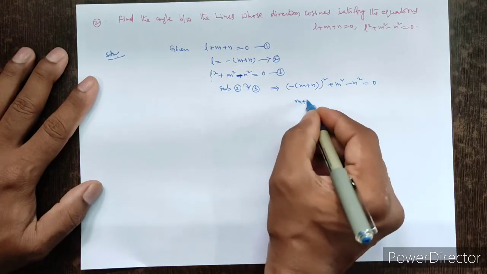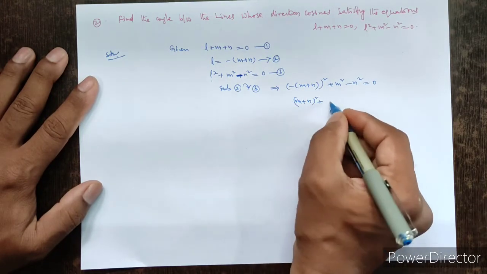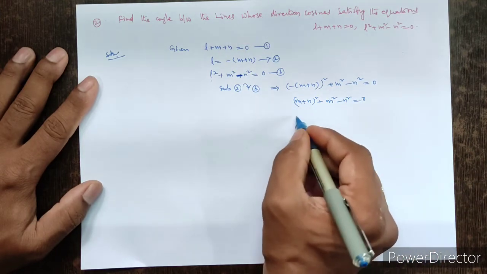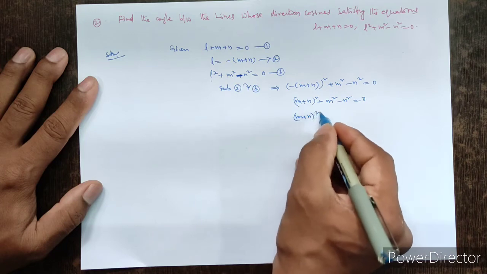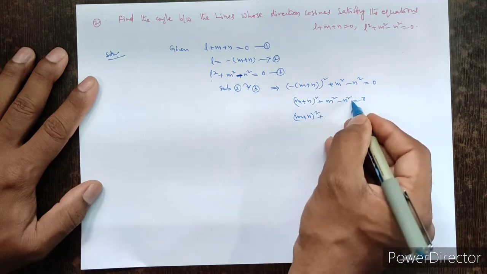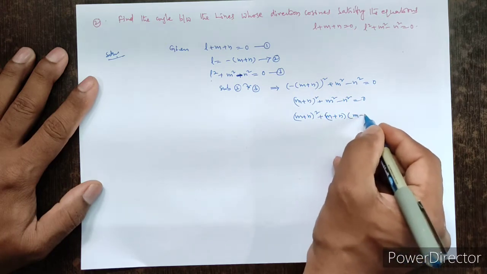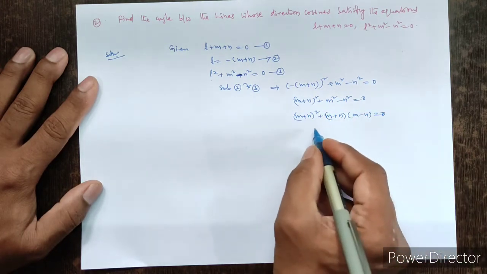So (m plus n) whole square plus m square minus n square equal to 0. This is a square minus b square, so we can write (m plus n) into (m minus n) equal to 0.